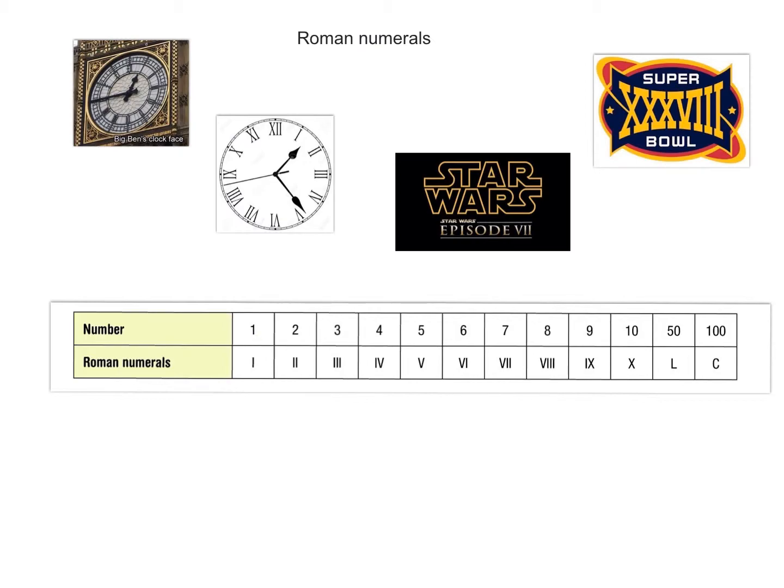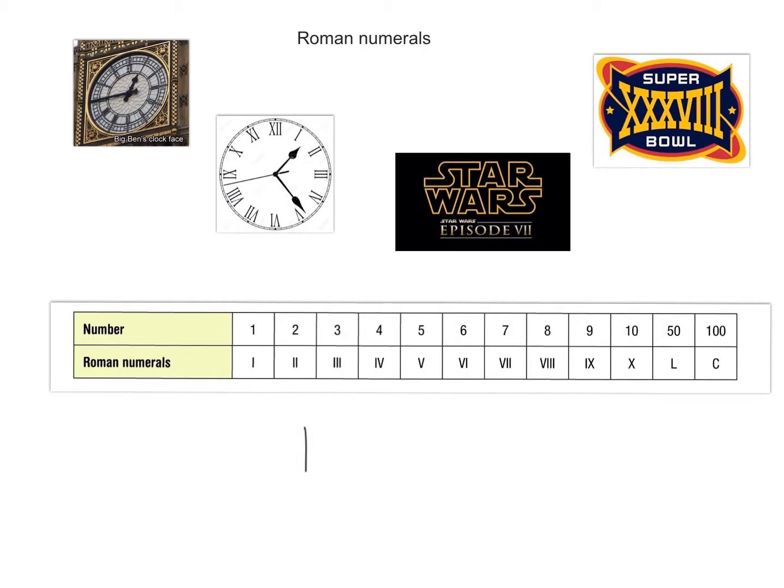Number 1 is represented by a single I, 2 has 2 I's, obviously 3 has 3 I's, 4 has an IV, 5 is a V, 6 is a VI, 7 is VII, and so it goes on. 10 is represented by an X, 50 is represented by an L, and 100 is represented by a C. Now there are two other ones that we need you to have a look at.